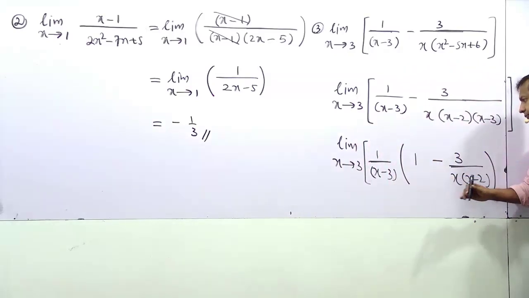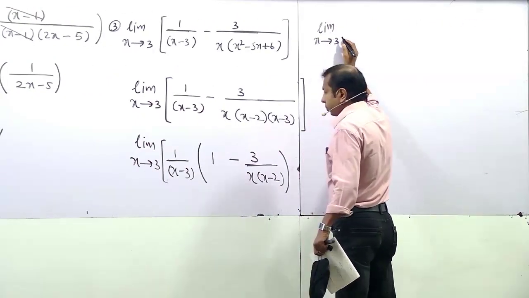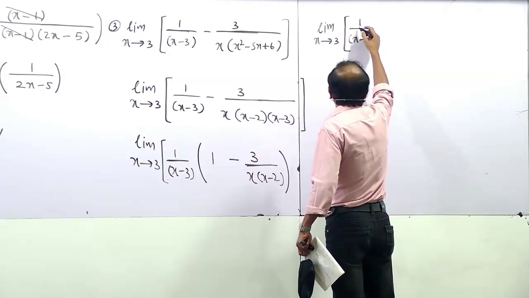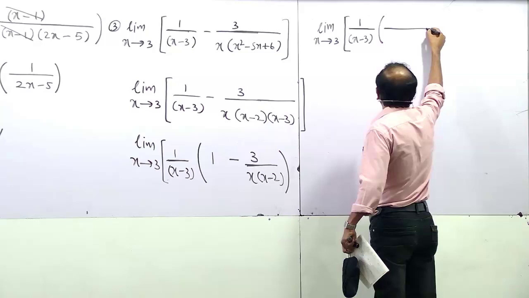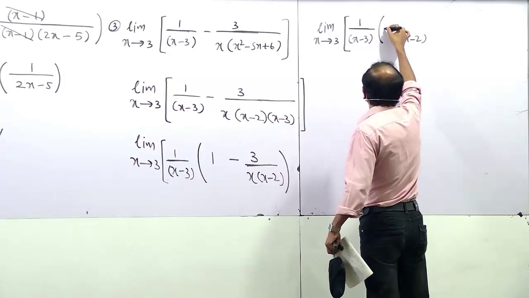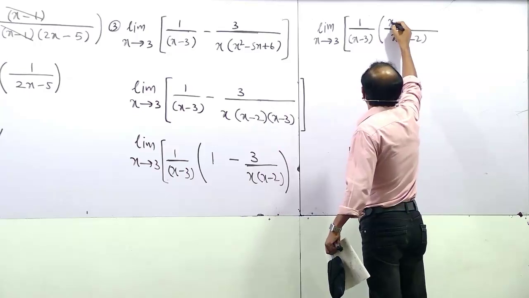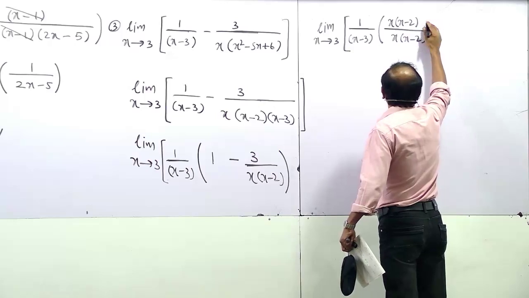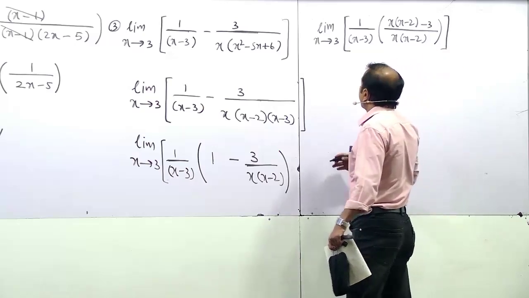Now take here a common denominator. What do we get there? x times x minus 2 is the common denominator, right? That comes here, no? x times x minus 2 minus 3.